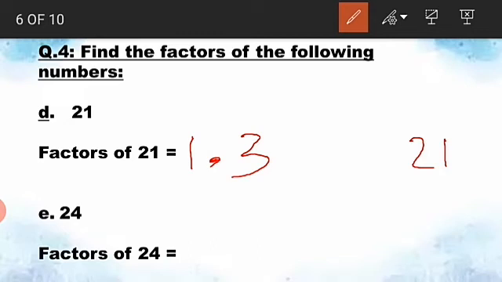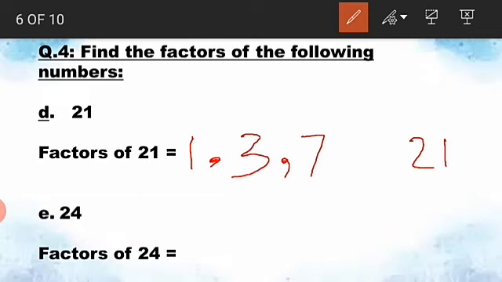Because 21 is a multiple of 3, 3 is a factor of 21. 3 sevens are 21, so 7 threes are 21. Similarly, 21 is also a multiple of 7, so 7 is a factor of 21, so we will write 7 also here.